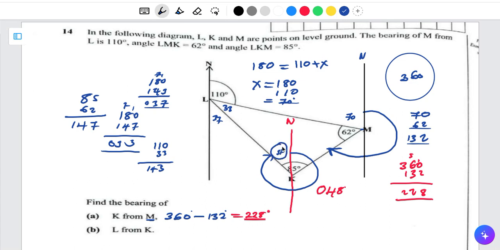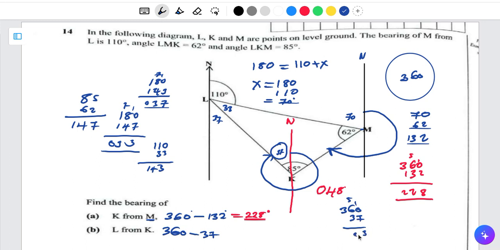But if you don't want to go this way, we have this one as 70 and this one as 62. So this angle here is equal to this angle here, only this part. So we can find that angle. Very simple.